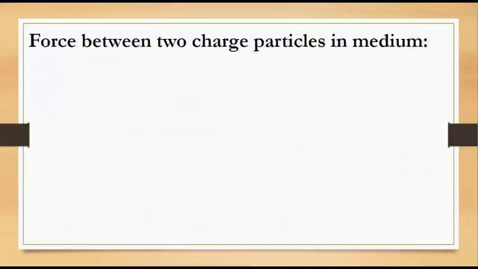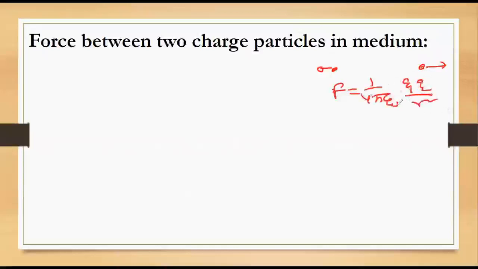Now, force between two particles in a medium. Till now, we have discussed the force between two charged particles in vacuum. Say this is one particle, this is one particle, and they repel each other. So what is the force between them? It will be equal to 1 by 4 pi epsilon naught Q1 Q2 by R square.